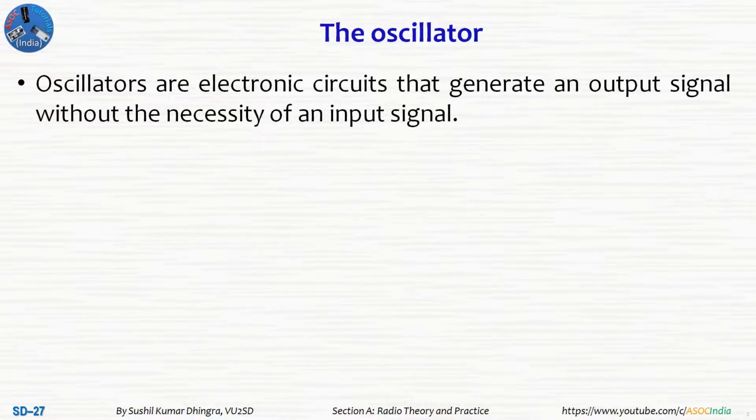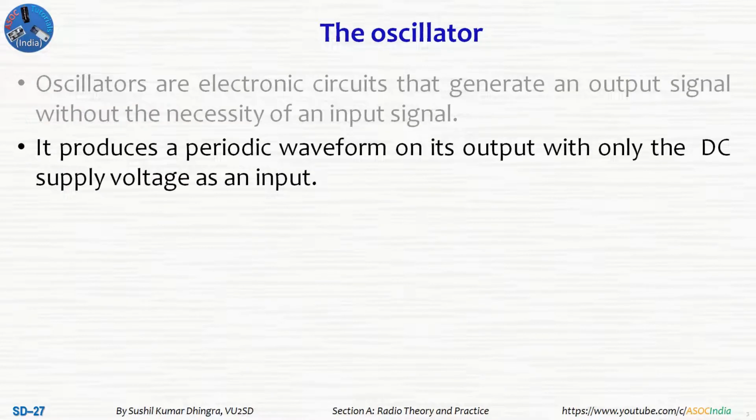Oscillators are electronic circuits, or I can say devices, that generate an output signal without the necessity of an input signal. In other words, this circuit itself generates a specific required or desired frequency with a desired wave shape, maybe sine wave, square wave, rectangular wave, whatever the need is as per the device or system.